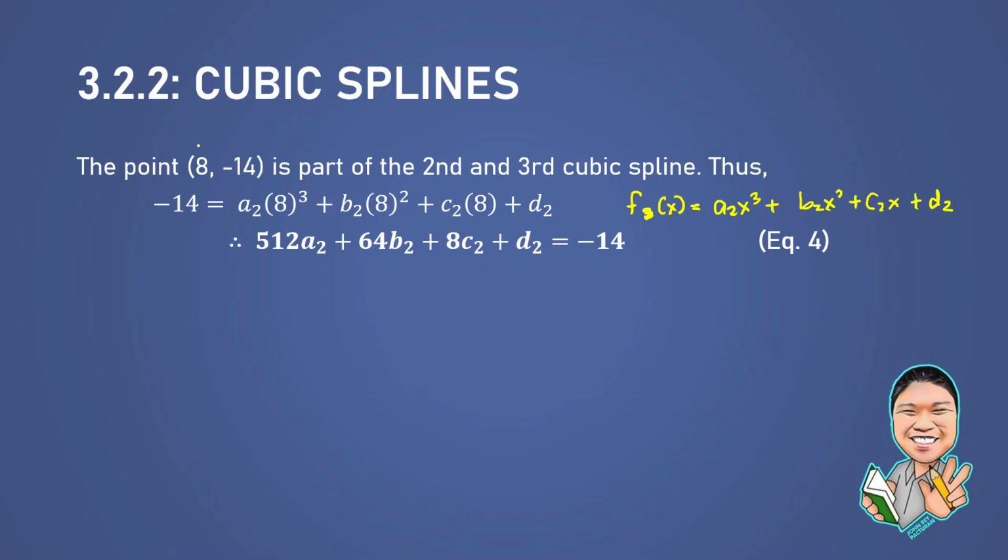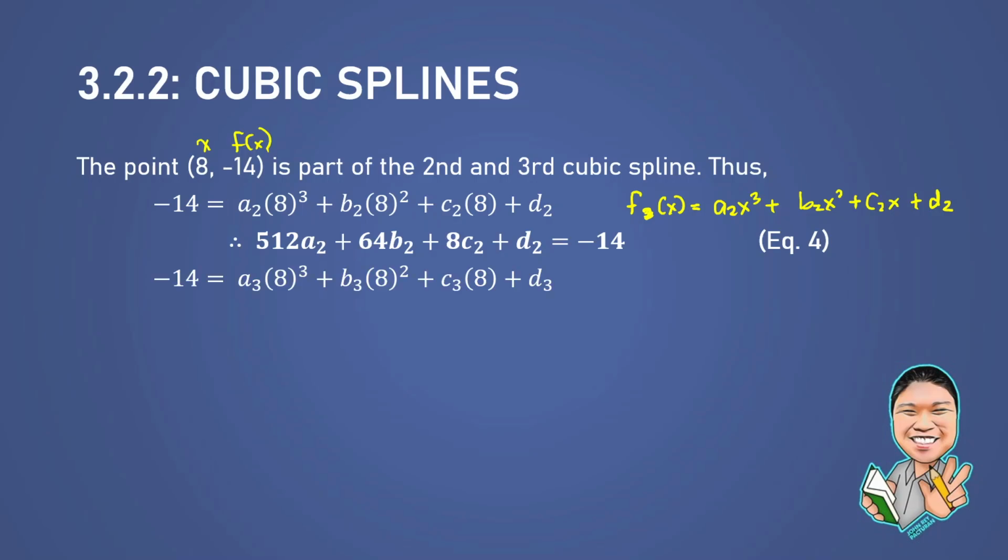Well, of course, ito na yung x and f of x. So, substitute nyo siya. -14 equals a sub 2 times 8 cube plus b sub 2 times 8 squared plus c sub 2 times 8 plus d sub 2. So, ang lalabas is 512 a sub 2 plus 64 b sub 2 plus 8 c sub 2 plus d sub 2 equals -14. So, yan na ang ating equation number 4.